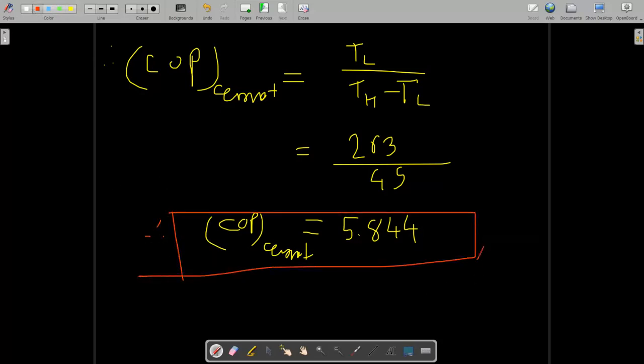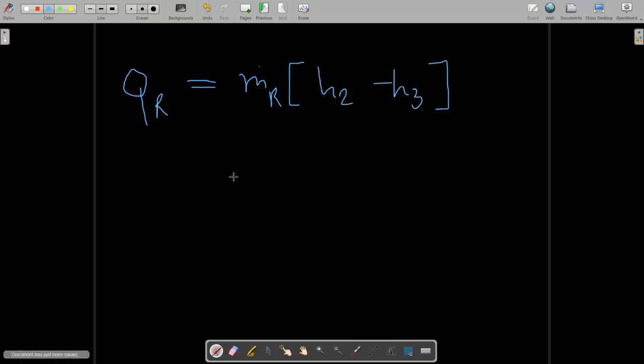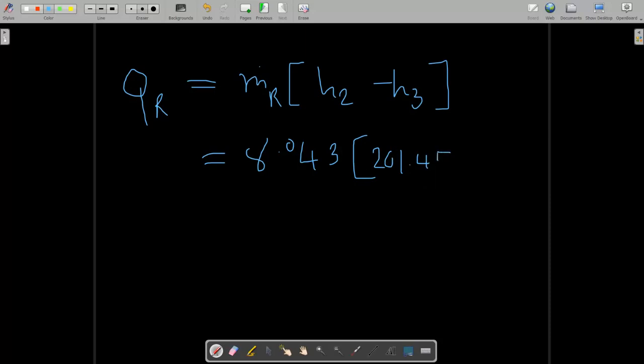And last, how much heat is rejected in the condenser. Again, mass flow rate of refrigerant times H2 minus H3, the enthalpy difference from the process. Mass flow of refrigerant is 8.043, as we found out, and enthalpy at point 2 is 201.45 minus 69.56.